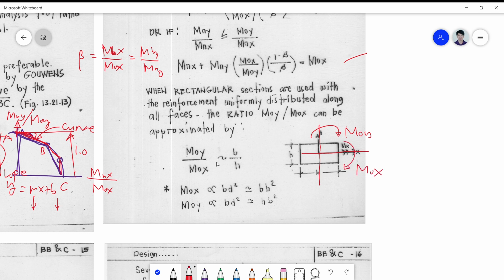So your representation of your B over H value will depend on the ratio of your MOY over MOX, such that your MOX is simply proportional to your BD squared and your MOY is proportional to B squared D, or HB squared.